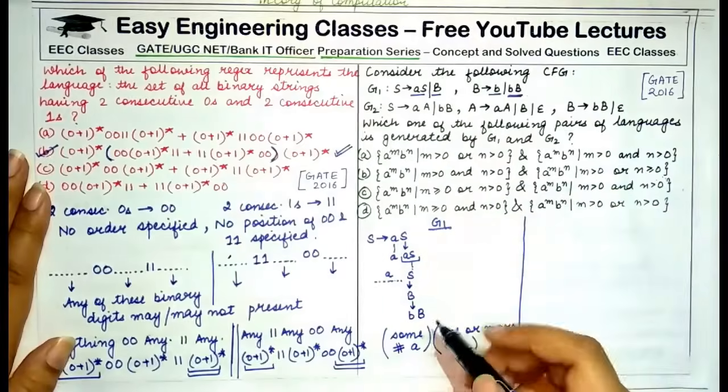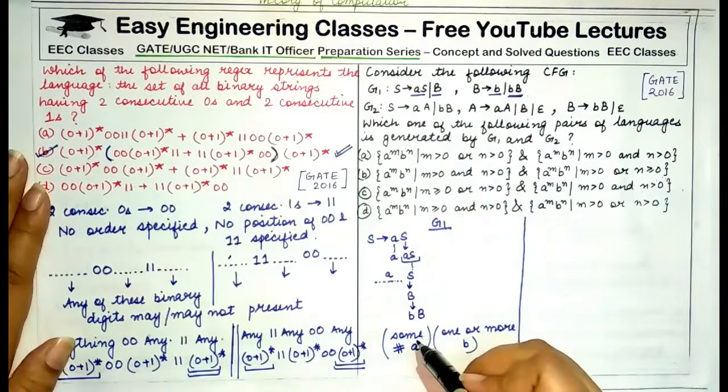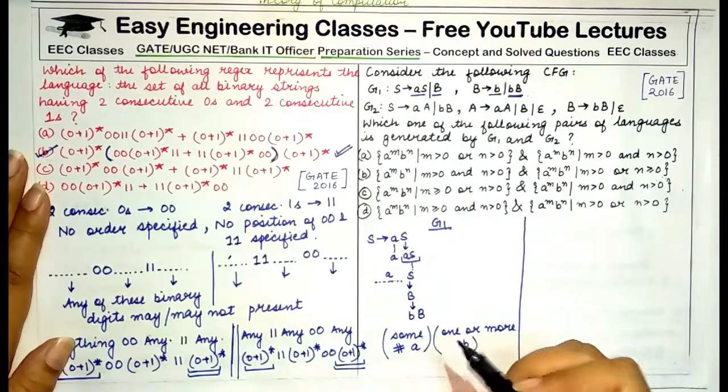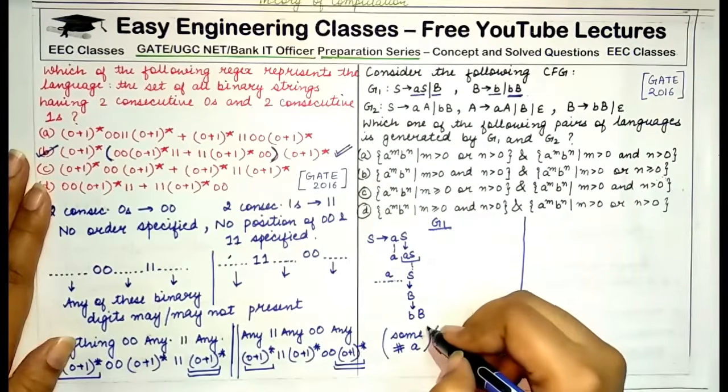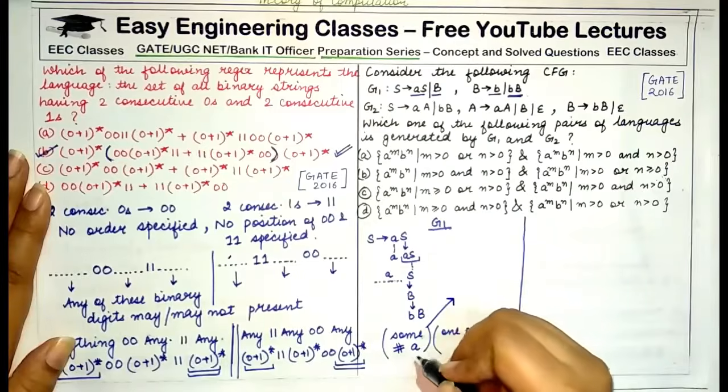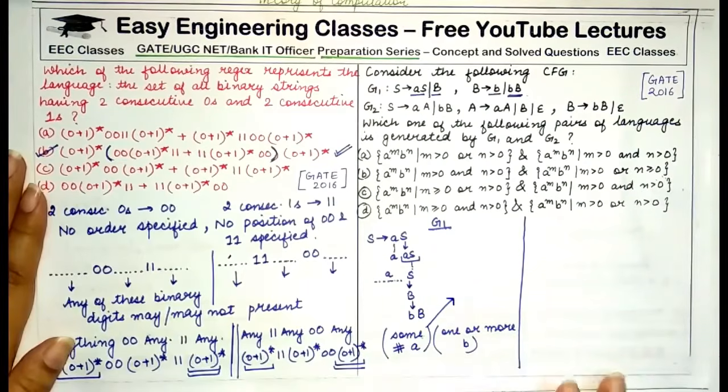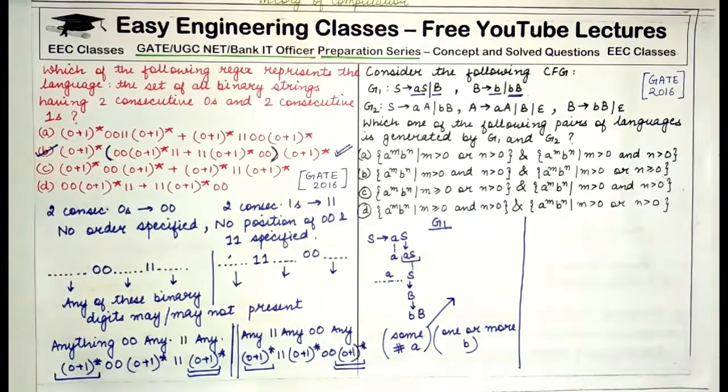Okay, and now you also have to consider what some number of A's means. Is it one or more A, or is it zero or more A? In this case, some number of A's basically means zero or more A. Why zero or more A?